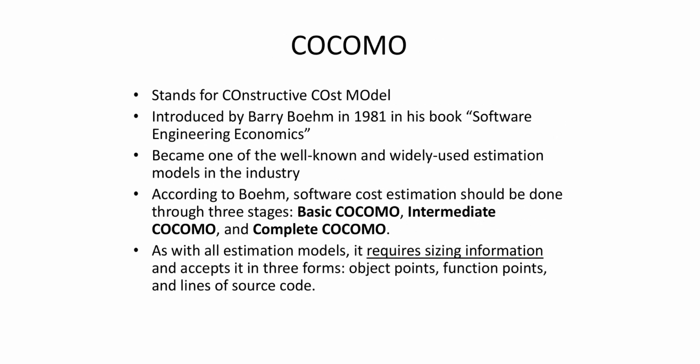It is one of the widely used estimation models in industry today, and it is divided into three categories: basic COCOMO, intermediate COCOMO, and complete COCOMO. With basic COCOMO, we give a very vague, brief estimation about a particular project. But if we want to fine tune that raw estimation, we go to the intermediate model.